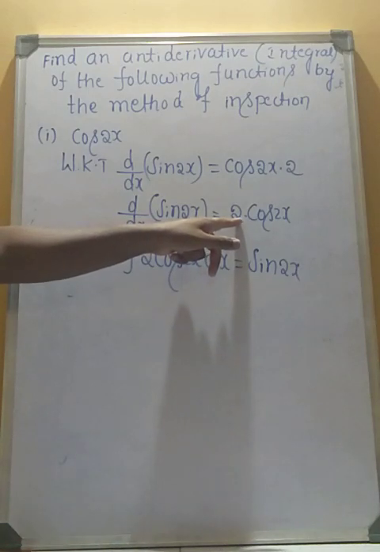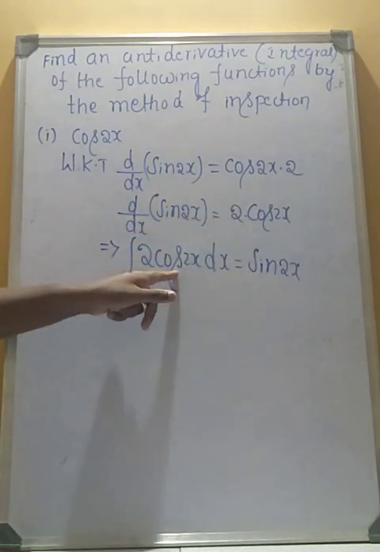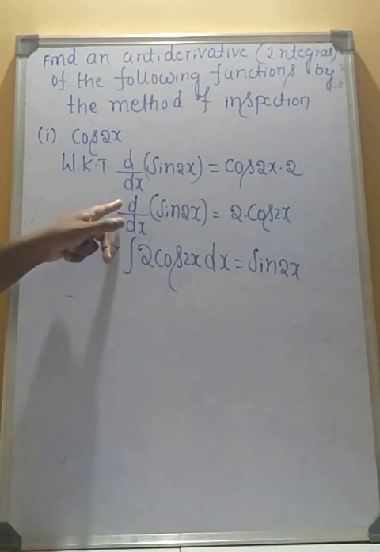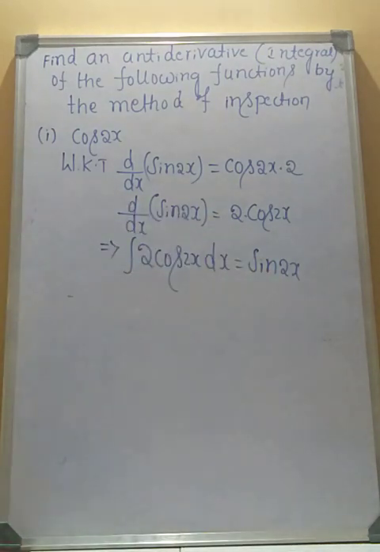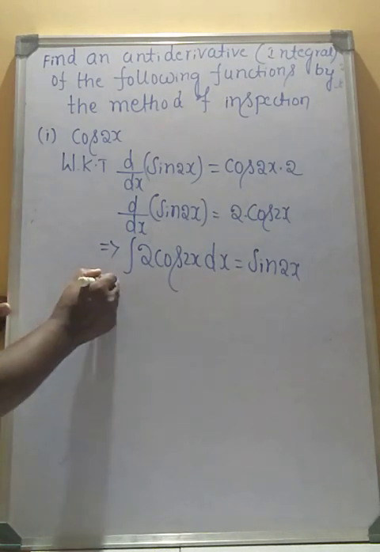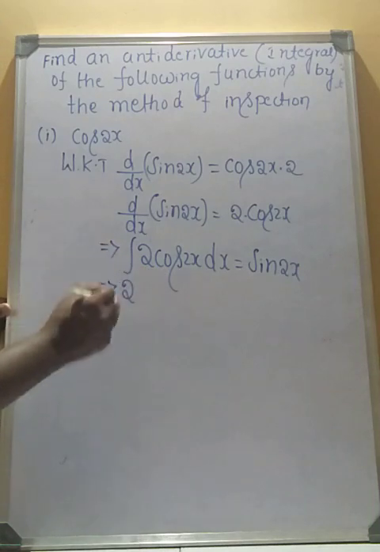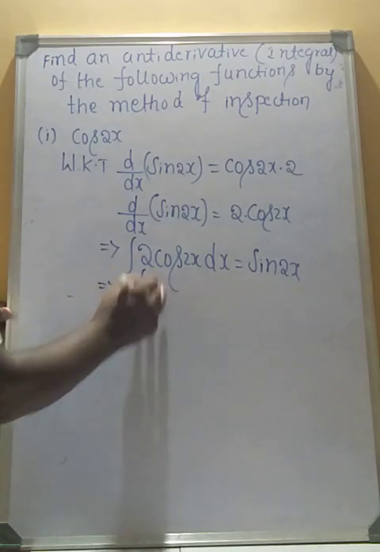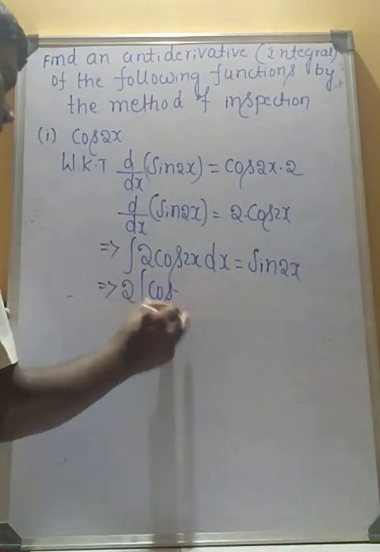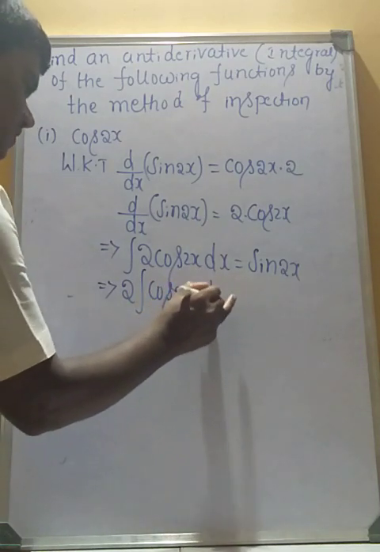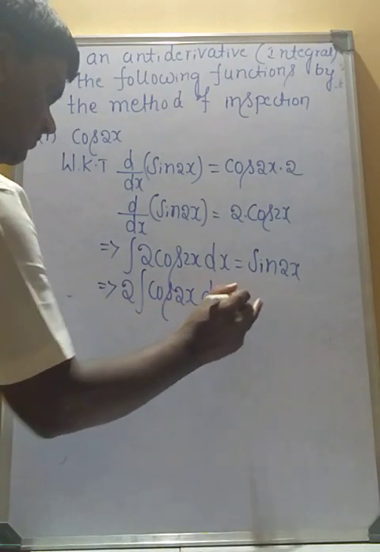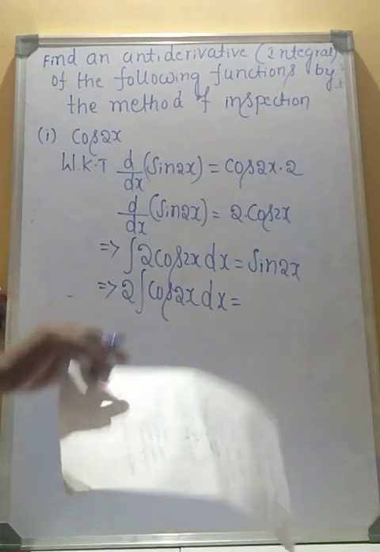So first I am taking the integral of 2 cos 2x into dx. Integral and derivative cancel, giving sin 2x. Again this implies, taking 2 common as a constant, 2 times the integral of cos 2x dx is equal to sin 2x.